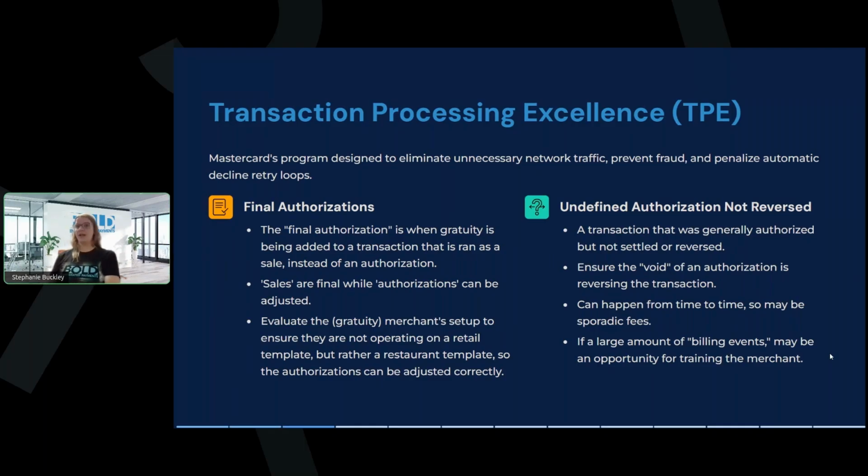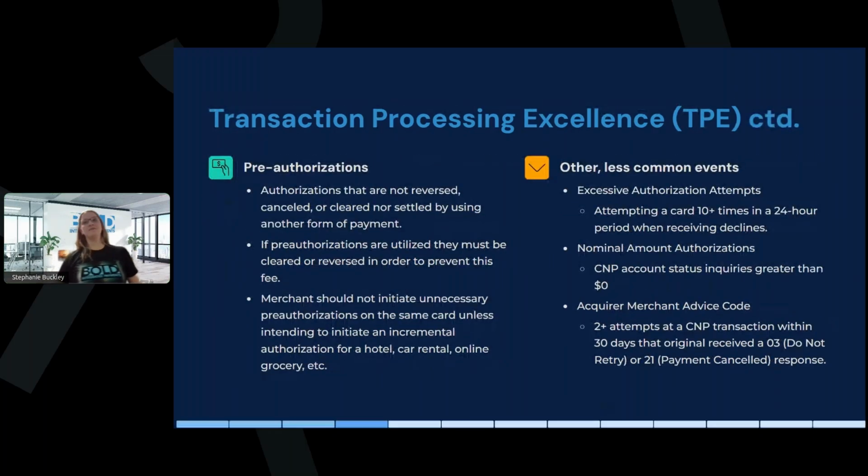Did the transaction go away completely, no record of it at all, and reversed, or was it just left in limbo somewhere, deleted but not actually taken care of? So this is one that we don't see as often, but it is one of the higher ones that we do see. Like I said, final authorizations is really the one that's the most, and then moving forward from there.